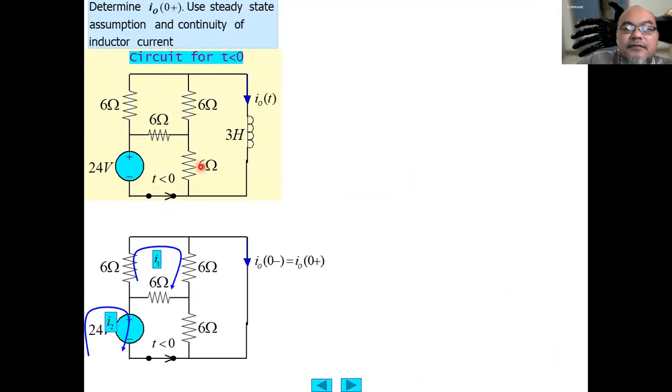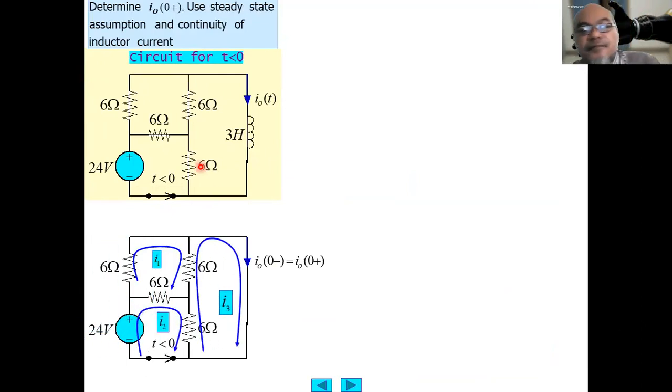So we can use mesh analysis, and since it is in steady state, we assume the inductance is modeled as zero resistance.